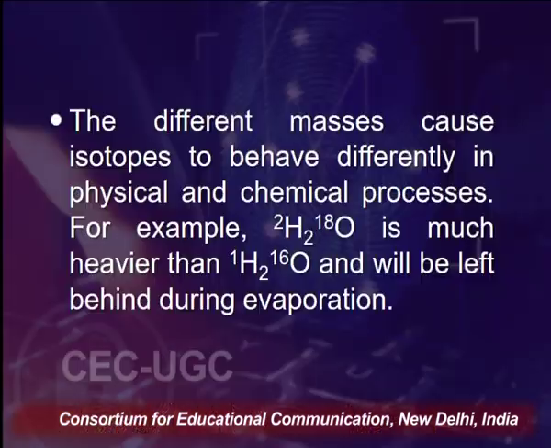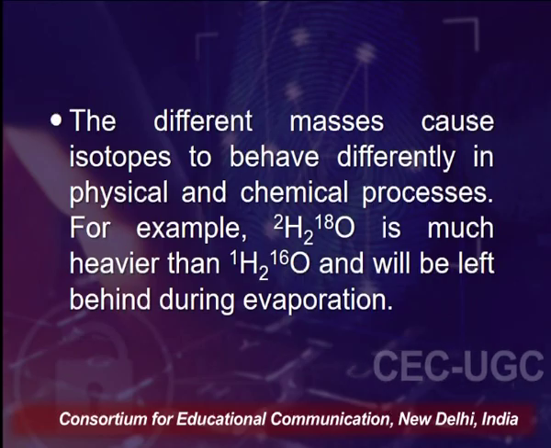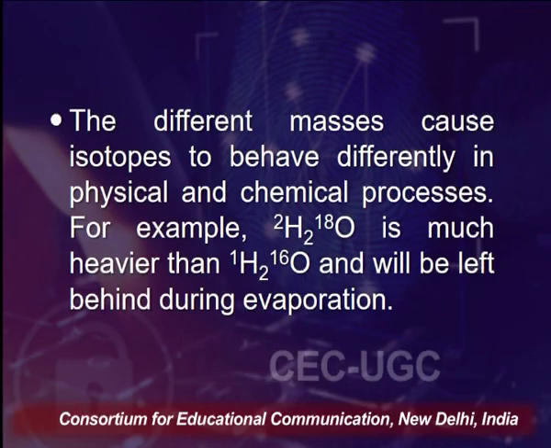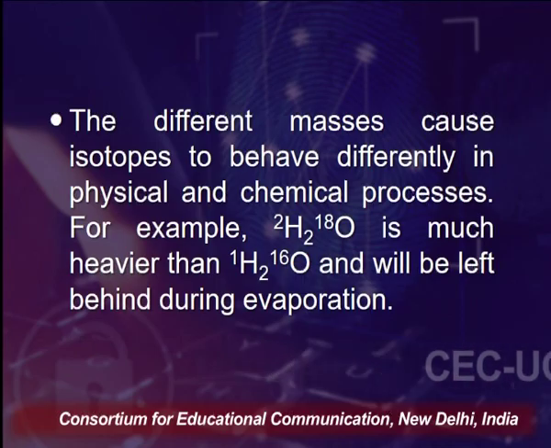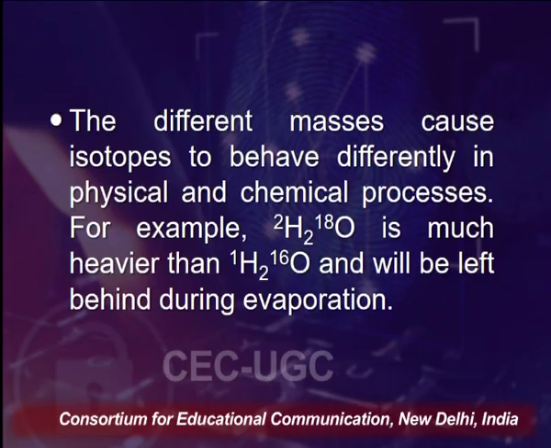The different masses cause isotopes to behave differently in physical and chemical processes. For example, heavier water, H2 18O, is much heavier than 1H2 16O and will be left behind during evaporation. That means the chemical is similar, it is H2O, but the mass the isotope is carrying makes it different.